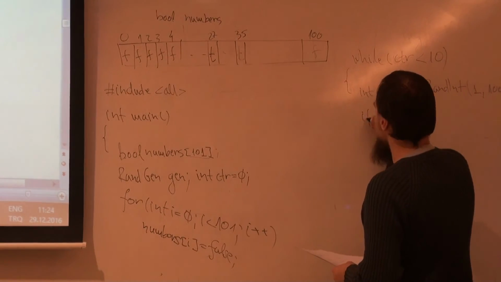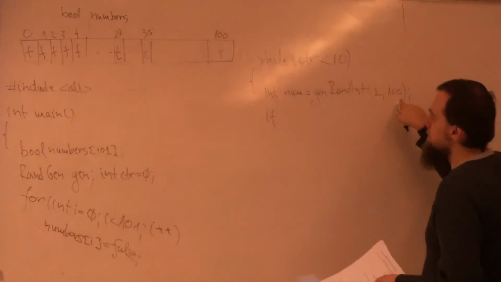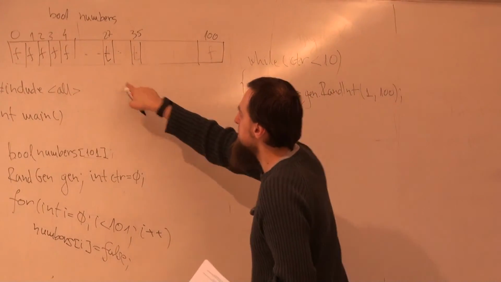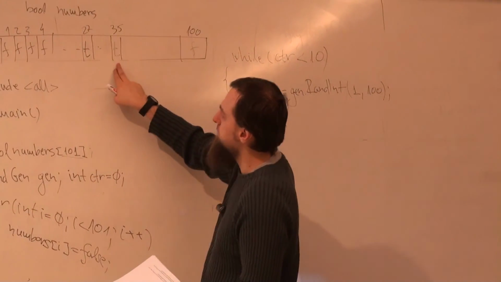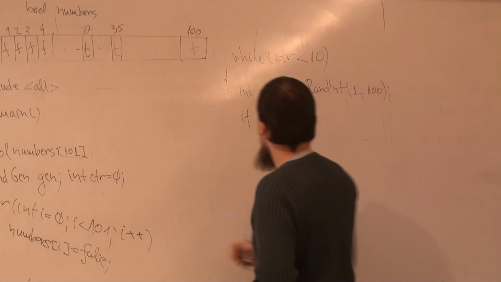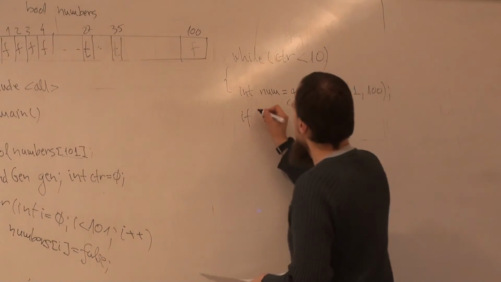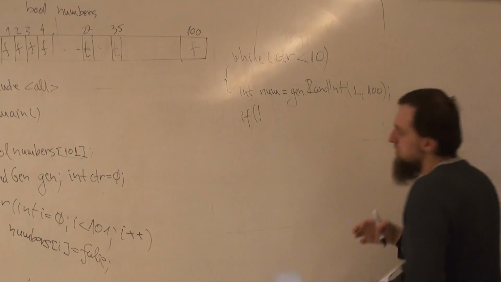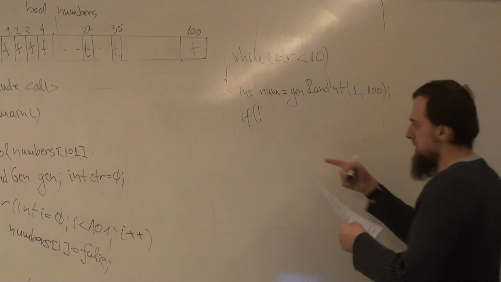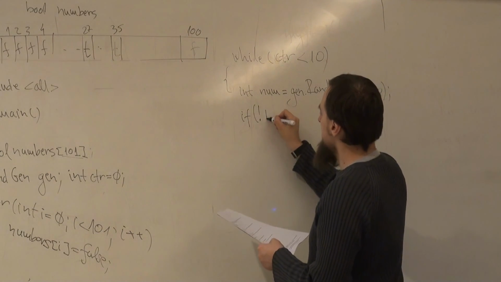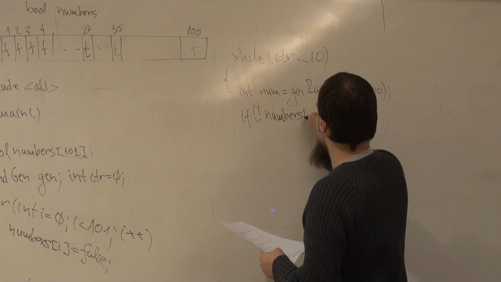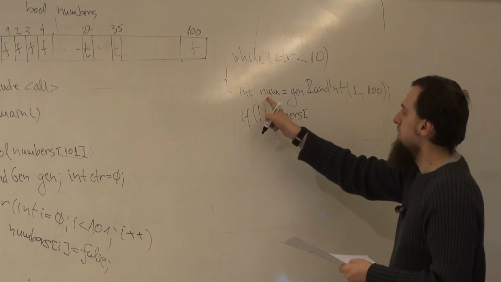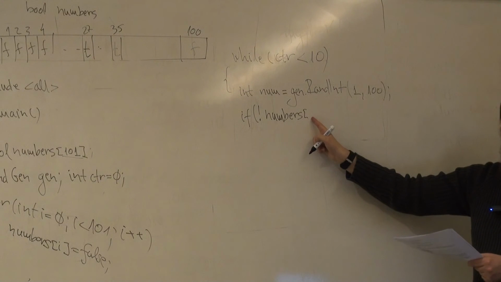Now I'm checking. I've generated a number, and I want to check whether this number that I've generated appears here. So if I generate 35, I want to check whether 35 is false or not. That's why I check. If the number was not previously generated, I write it like this: if numbers of, what is the index here?